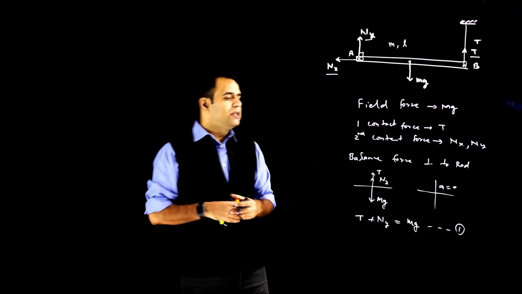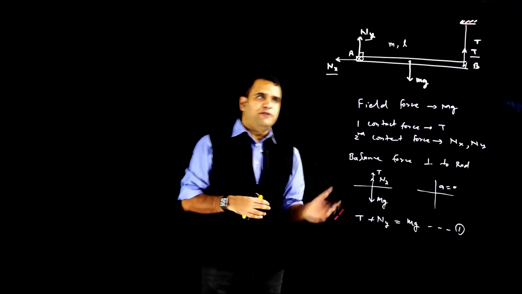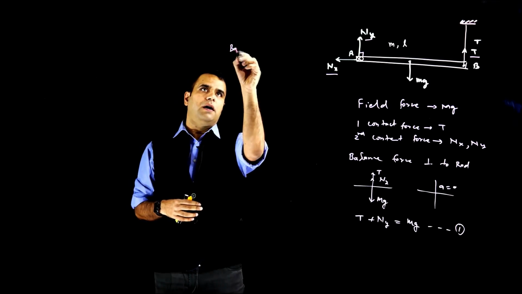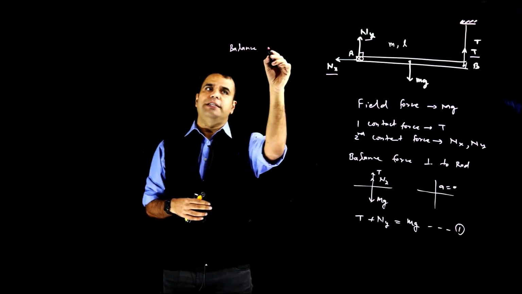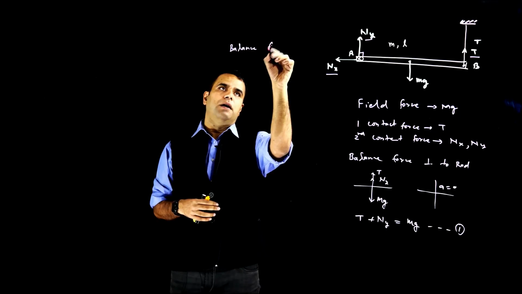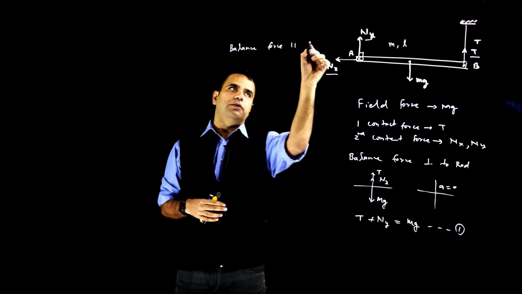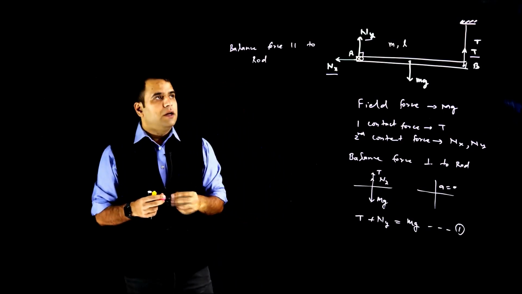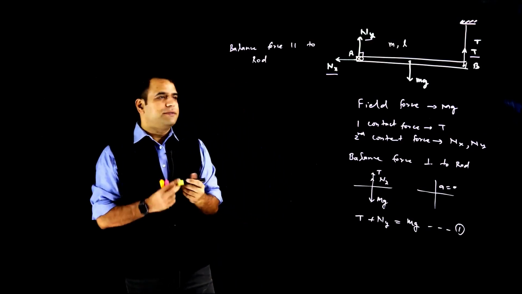I did that. Now we'll balance the forces, but this time parallel to the rod. If we balance the forces parallel to the rod, we have to count the forces.